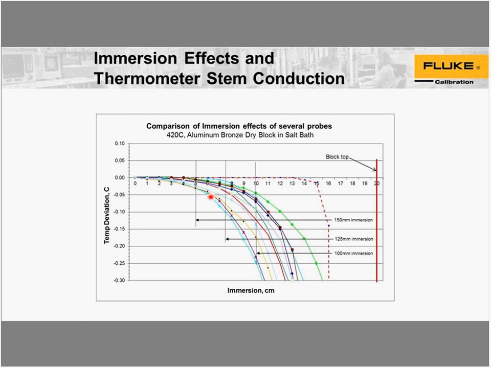What if the well is not quite so deep? Here's one that's 105 millimeters depth, not a tenth of a degree deviation, and for a 100 millimeter or 4-inch immersion depth, now we've got degree deviation, but in between different values.